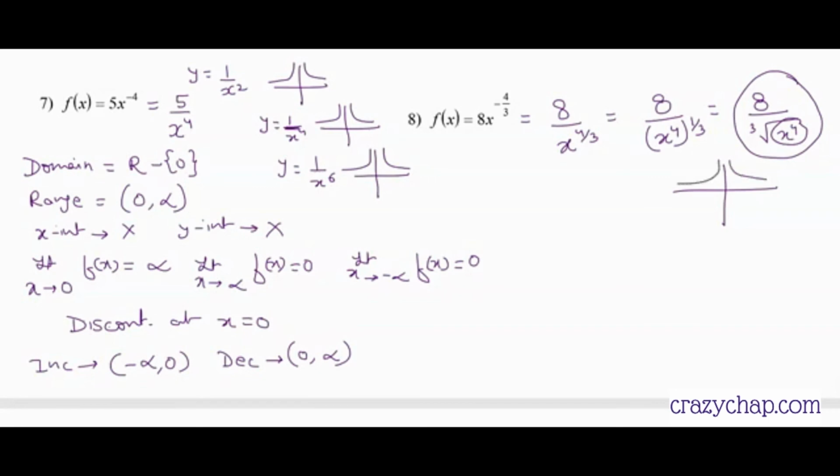Good. There were 2 points we considered: whether x is positive or negative, the y value gives the same result for both. That was point number 1. Point number 2 is that whatever the value of x, the y value will always be positive.